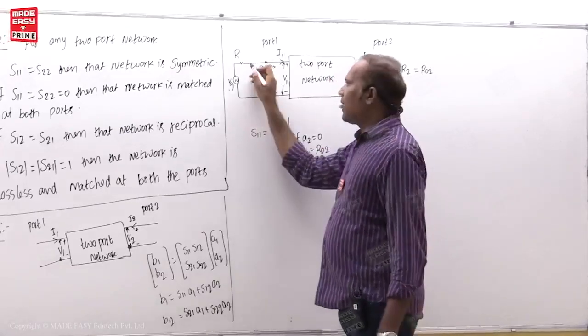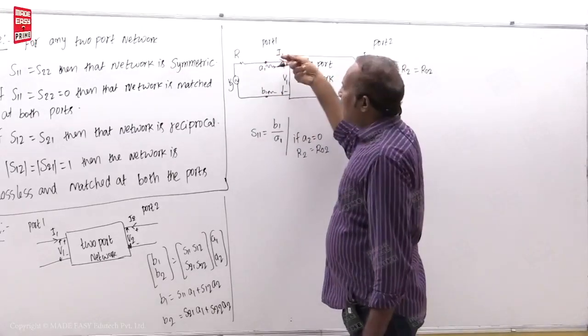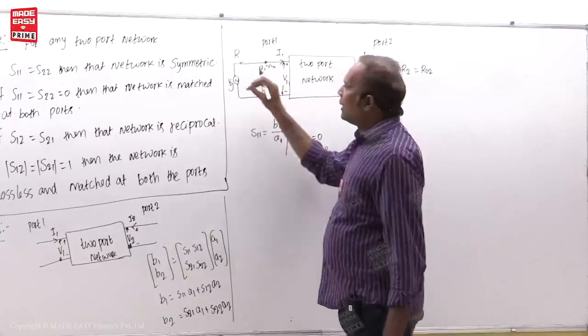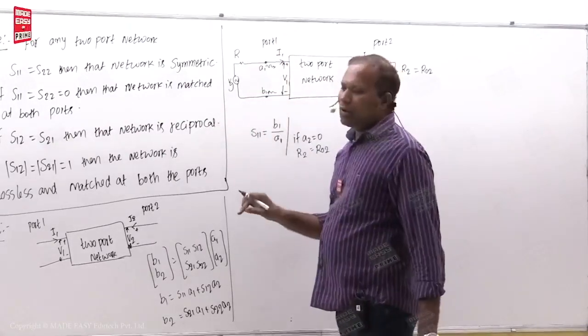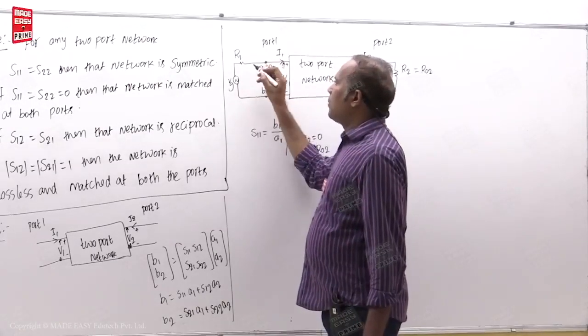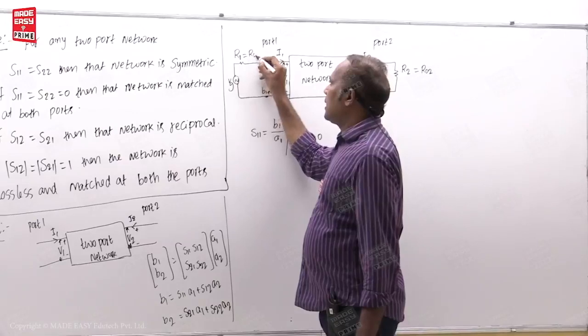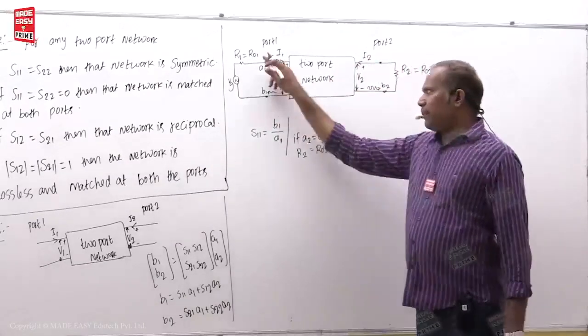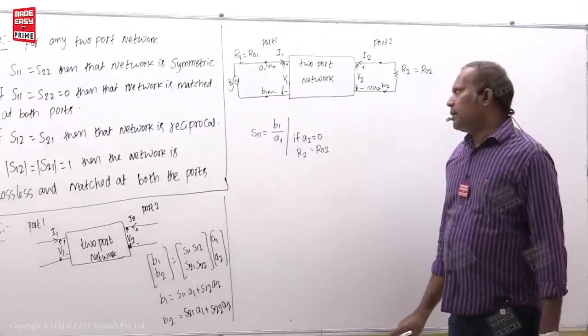Let us say some 5 ohm. Then you can connect in series with that 5 ohm some impedance, so that you can change this value. That value we are calling R1, the terminating impedance at port 1. Otherwise, that is also called the reference impedance at port 1.